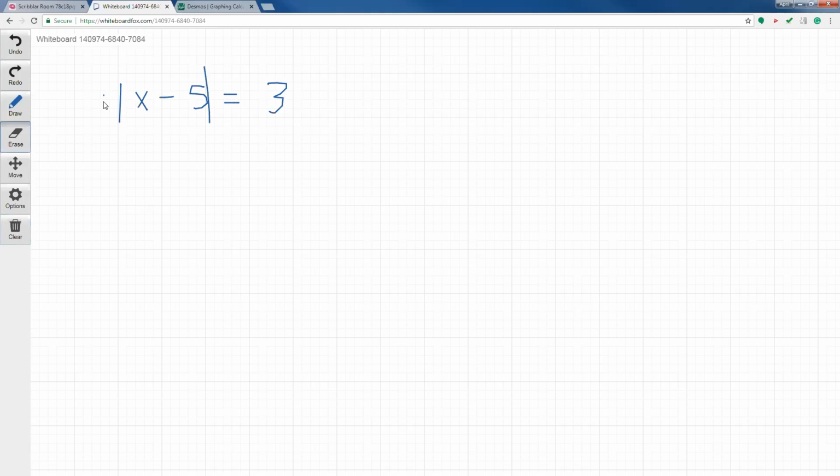So absolute value equations are weird. There's a lot of steps to them. So the first step is you always want these absolute value bars alone. You'll get questions where there's some numbers outside. So if there are numbers outside, you do have to move those first before moving on.